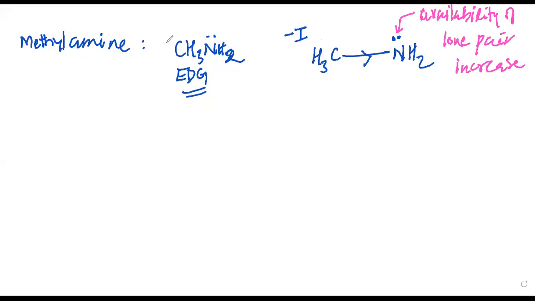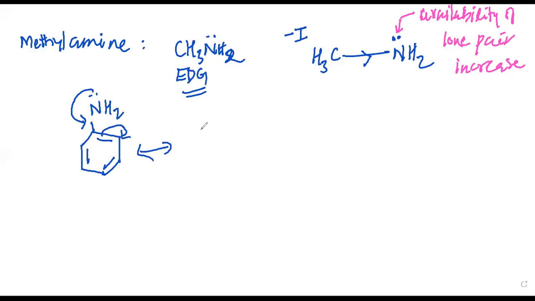But if you look into aniline, you will realize that aniline is this. In aniline we have a benzene ring, and then we have nitrogen NH2, and this electron lone pair is available. This lone pair is involved in the resonance, and you can see that these electrons undergo the process of resonance.